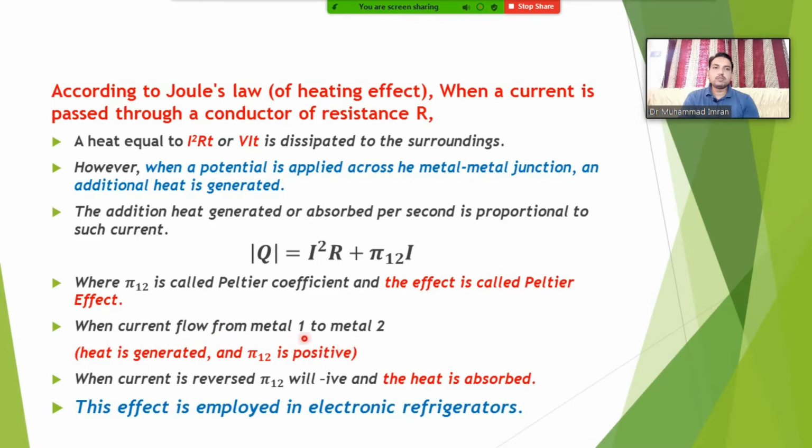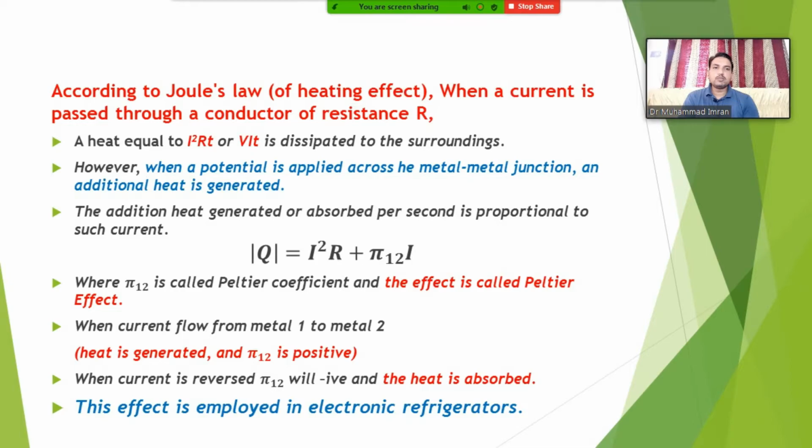When electrons flow from metal 1 to metal 2, because initially electrons of metal 1 have higher energy, they can flow from metal 1 to metal 2. And when electrons flow in the reverse direction, when current is reversed, then phi 1 2 will be negative and the heat is absorbed by the conductor. This effect is basically employed in electronic refrigerators.